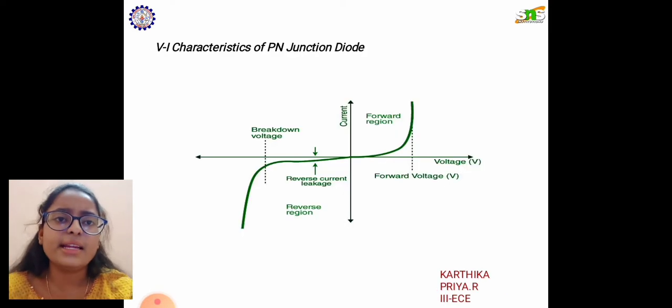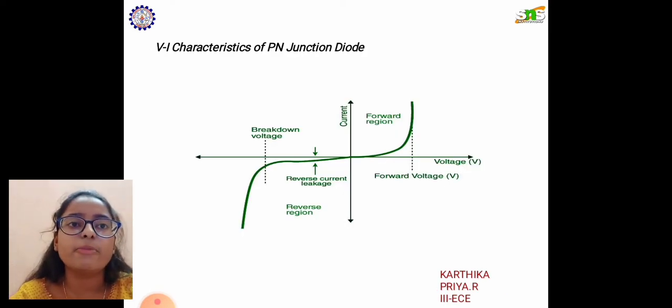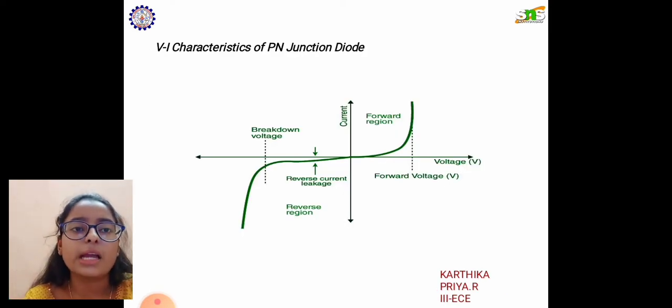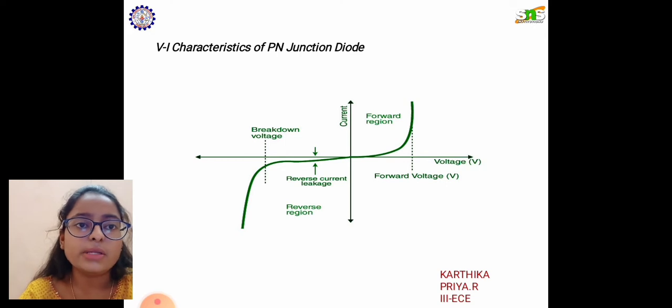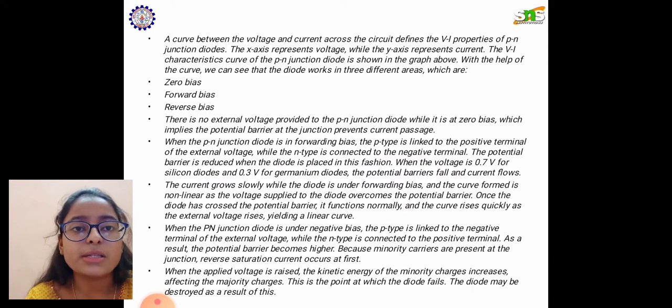And the next slide is about the VI characteristics of a PN junction diode. This is a graph denoting the PN junction and the flow of currents, showing the reverse region, forward region, breakdown voltage, forward voltages and reverse region. And it is described in this paragraph.